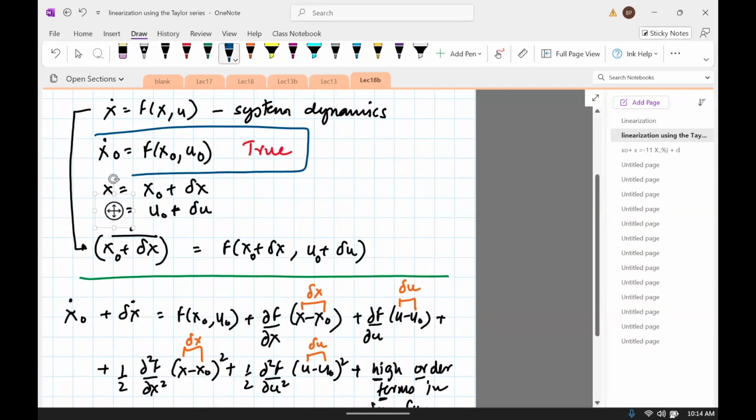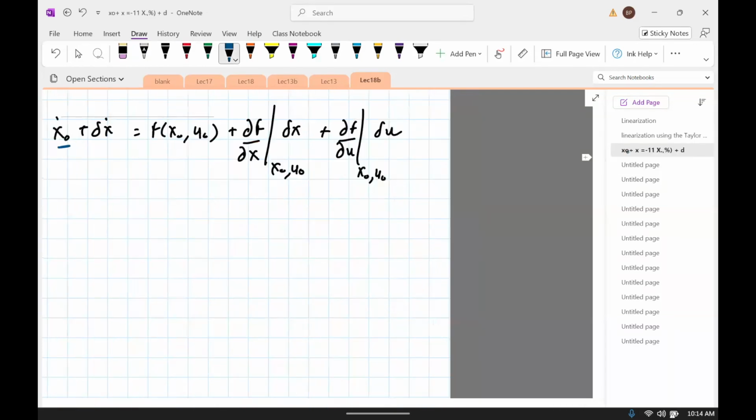See this? This is true. Let's just call this 1. So x dot equals f of x0, u0. So if you go here, x dot equals this. So what I can do is I can just cancel these off.